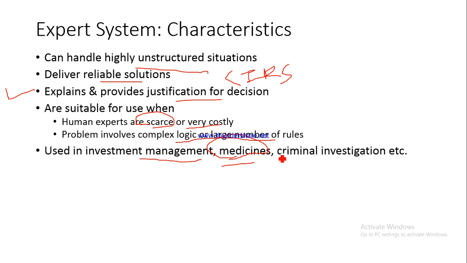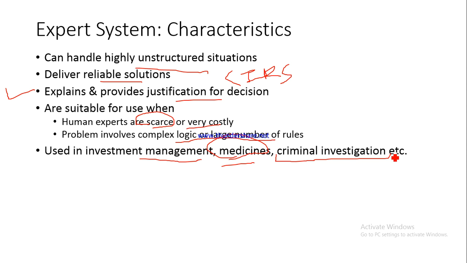Again, criminal investigations also. Criminal investigations, finding out who committed the crime. So what will happen? For example, there is a crime scene and you have to find out who actually committed the crime and who could be responsible for the crime. So for example, the question that would be posed by the expert system would be, where were the blood stains found? How far from the body of the deceased?